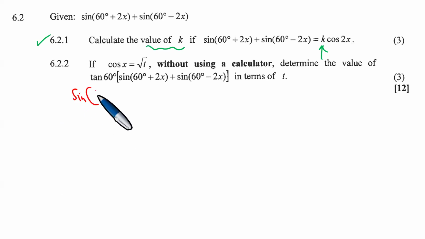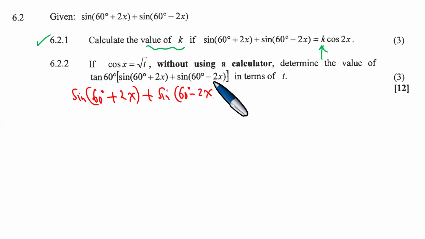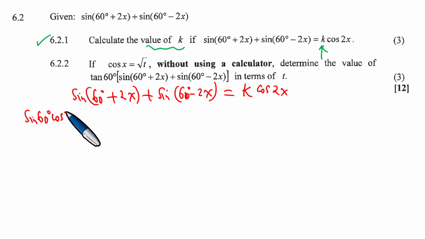So with the sine of 60 degrees plus 2x plus the sine of 60 degrees minus 2x, which is k cosine 2x. So the sine here can be further expanded to the sine of 60 degrees cosine 2x plus cosine 60 degrees sine of 2x.